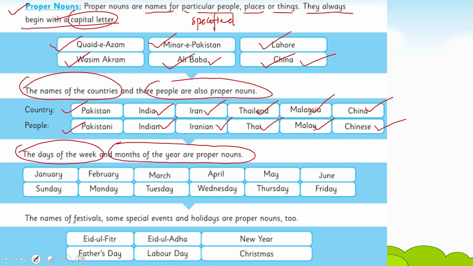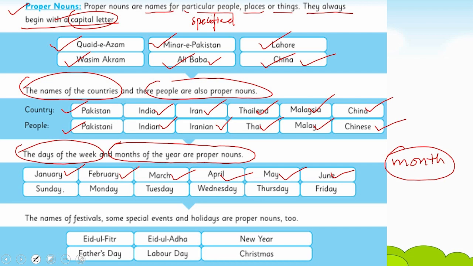Now, the days of the week and the months of the year also are proper nouns. For example, month is a noun, but it does not specify which month. If it is mentioned that the month of January, now January is what? A proper noun. February, March, April, May, June, they all are proper nouns.